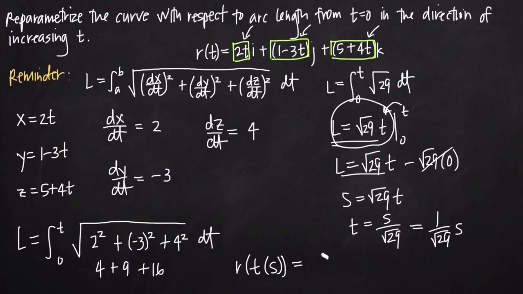So plugging in here, what we're going to get is 2 over root 29 times s, and then i here, so we get the i. But we just plugged in 1 over root 29 times s. We plugged that in here for t.